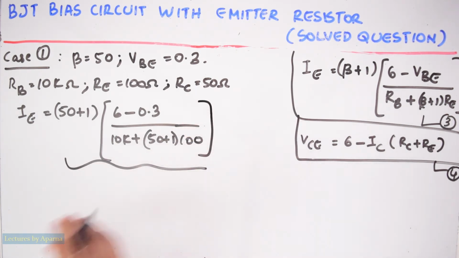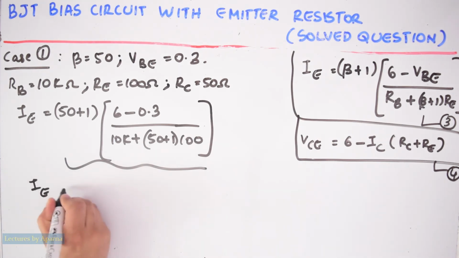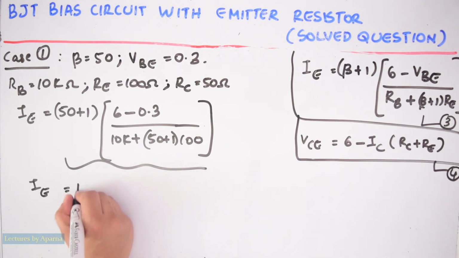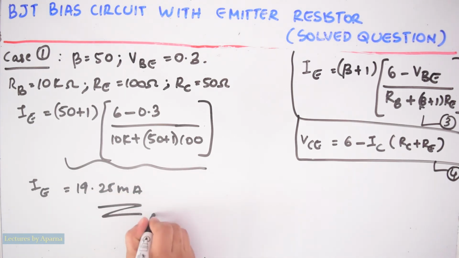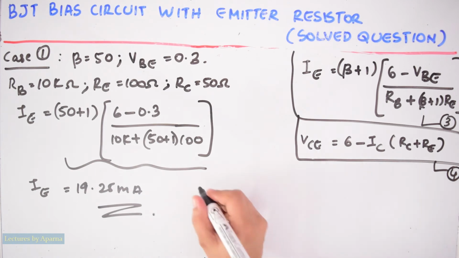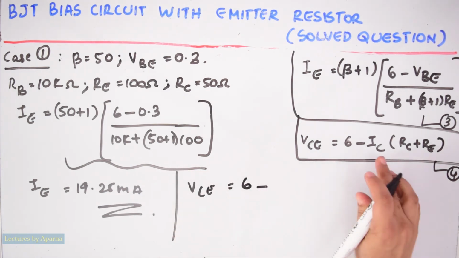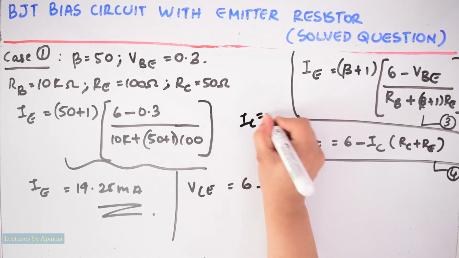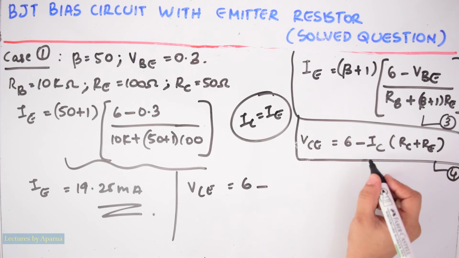So if we simplify this, we can calculate the value of IE is equal to 19.25 milliampere. Now find VCE. VCE is equal to 6 minus IC, where IC is equal to IE. Therefore, you can substitute this IE in this equation.